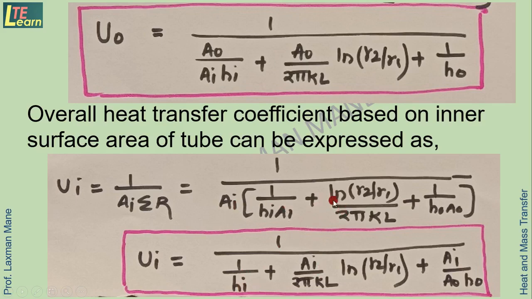Next, Ai multiplied by the second term, natural log of R2 by R1 divided by 2 pi KL, plus Ai divided by AoHo. So this is the formula for the overall heat transfer coefficient based on the inner surface area of the tube.